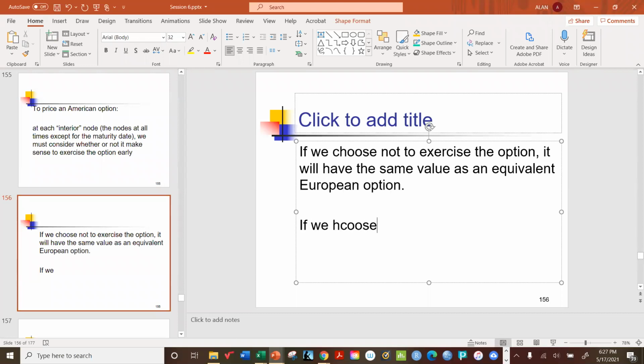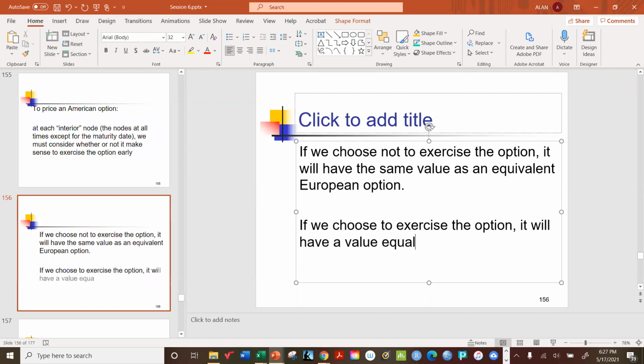If we choose to exercise the option, it will have a value equal to its payoff.